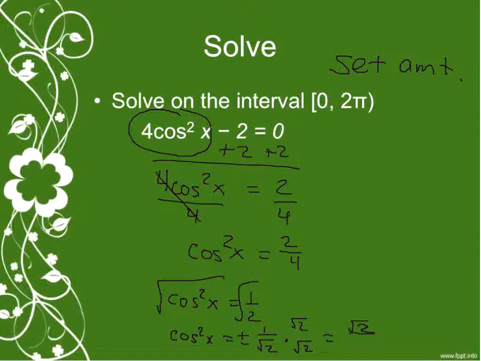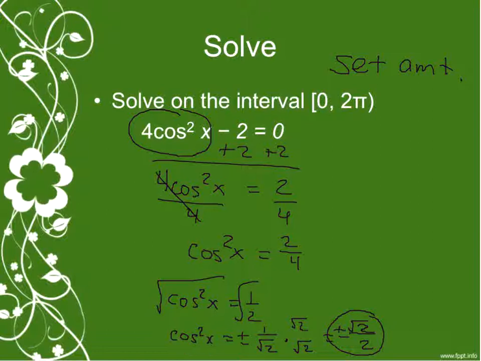So this will give me root 2, and then on the bottom, 2 times 2 is 4, but the square root of 4 is 2. This is an answer we see on our unit circle. Did you guys see how I did that last step? Questions about that? Not allowed to have square roots in the denominator. And we also know that's not correct because it doesn't occur on our unit circle.